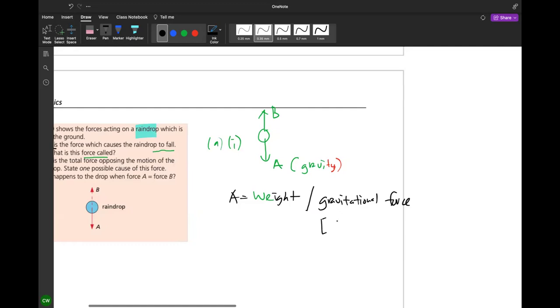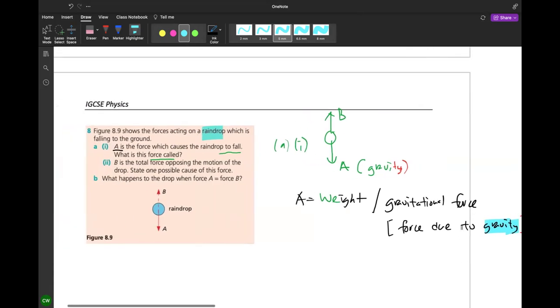Force due to what? Gravity. So next time when your teacher asks you what is weight, you have to tell it's the gravitational force. What causes the force? It's caused by gravity. 地心引力. Due to the gravity.